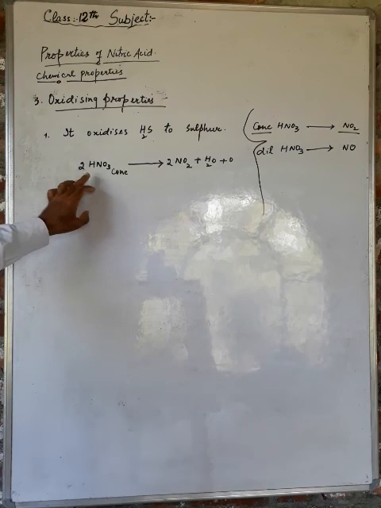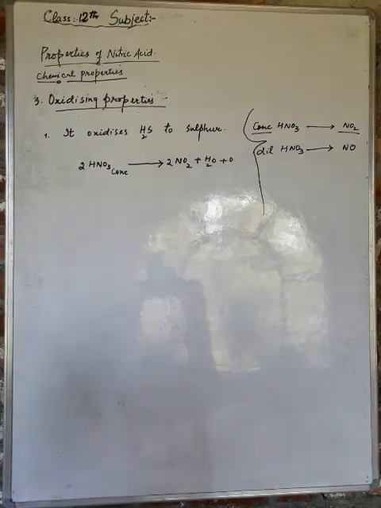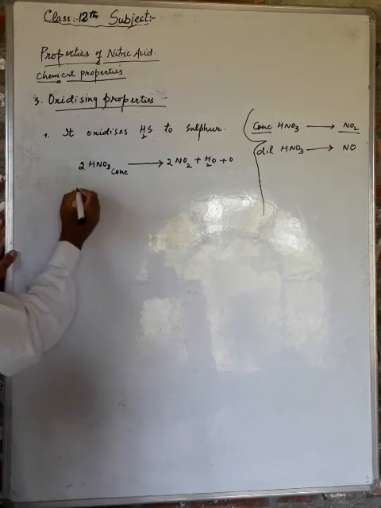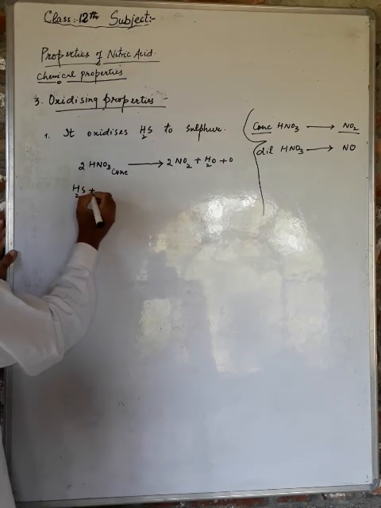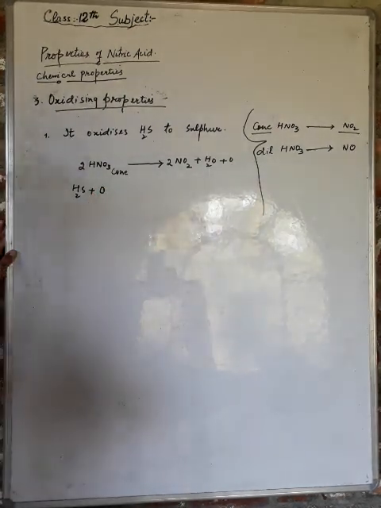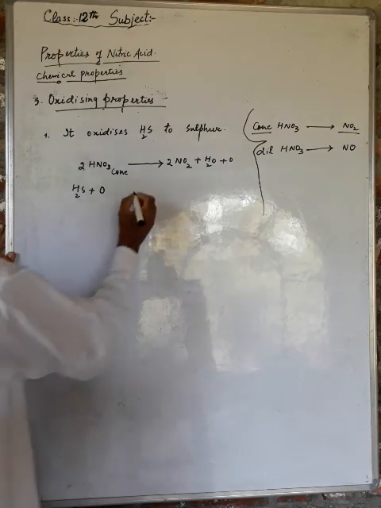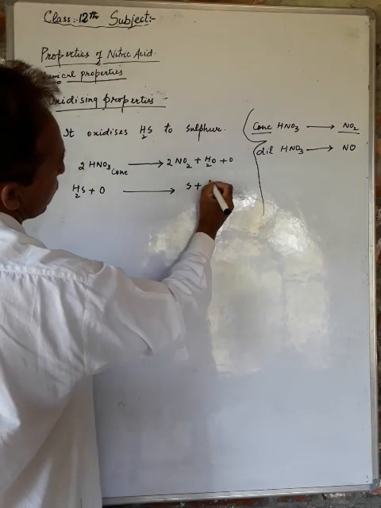This is how nitric acid first gets reduced to nitrogen dioxide. The hydrogen sulfide then reacts with the nascent oxygen and it forms sulfur plus water.